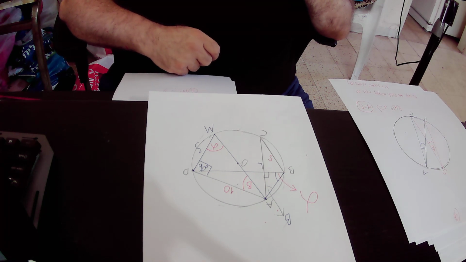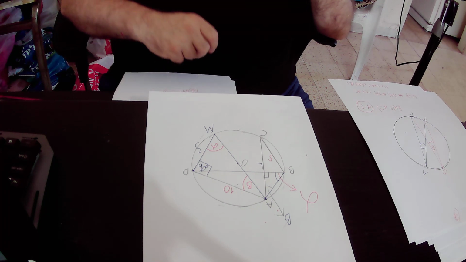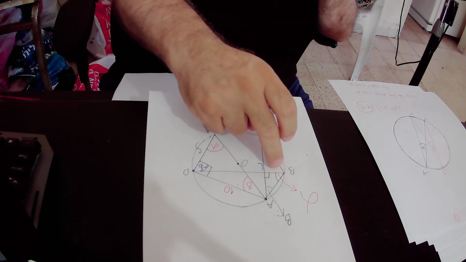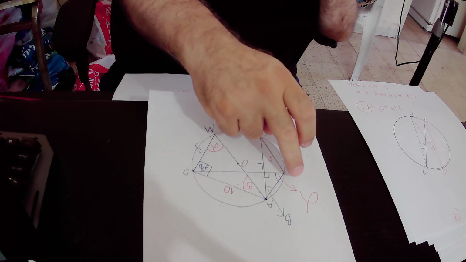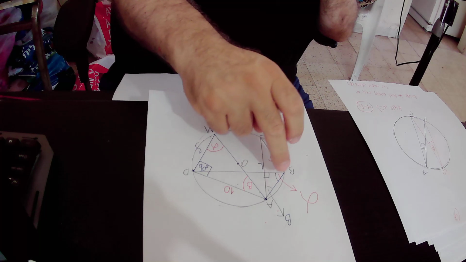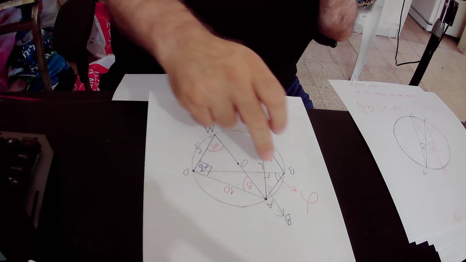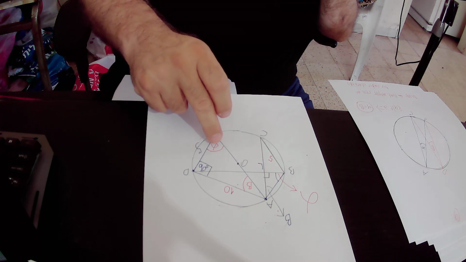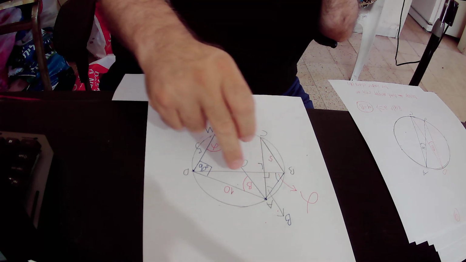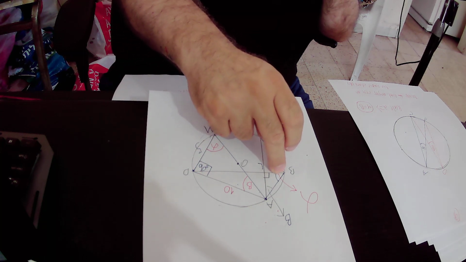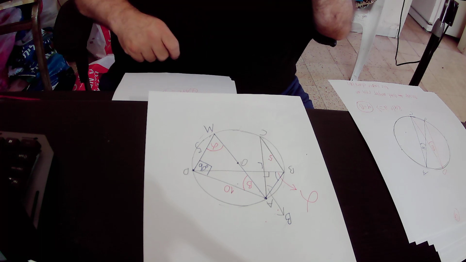Okay, so we can say that angle ABL equals angle alpha because this angle ABL or ABD, it is exactly the same, rests on the same chord as angle alpha. They both rest on chord AD. For that reason, this angle also equals angle alpha, according to rule number 2.